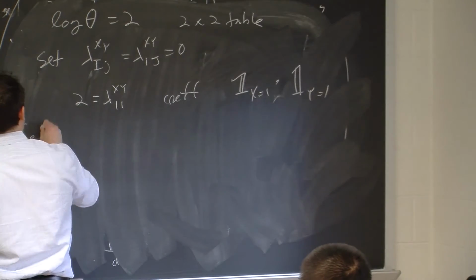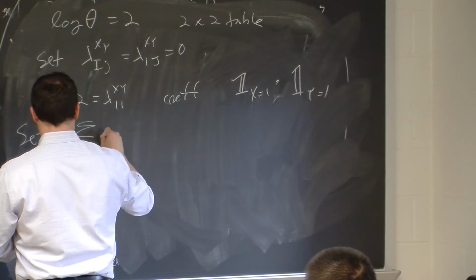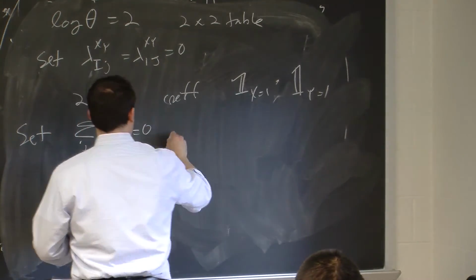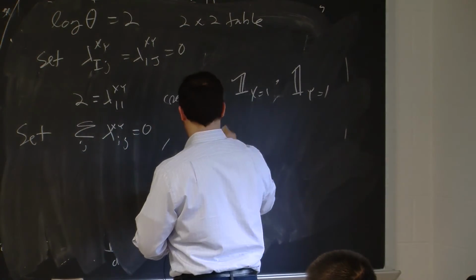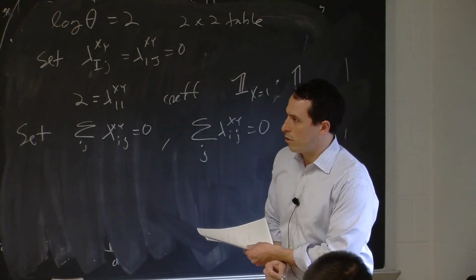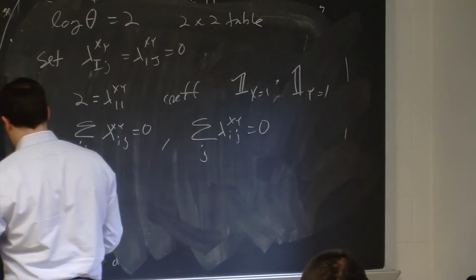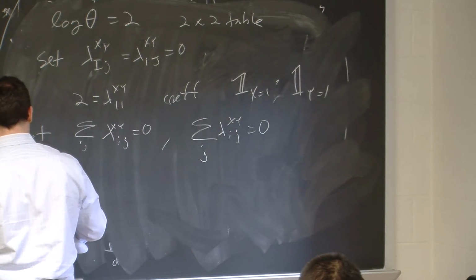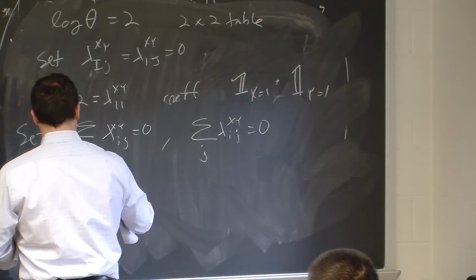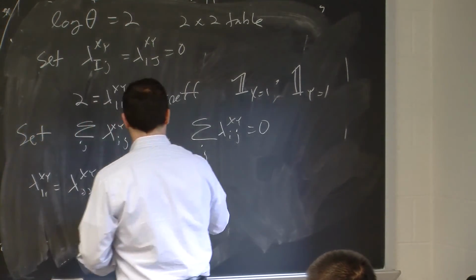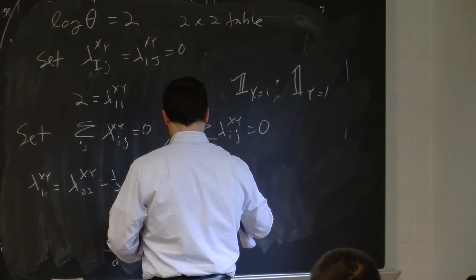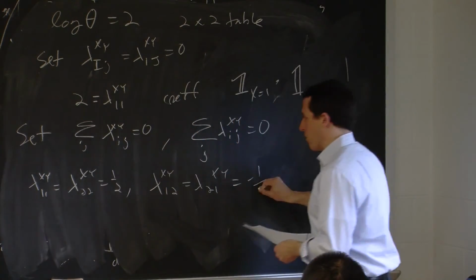And if I set a constraint like this, like those latter two procedures in SAS and R, then I'll get lambda 11 xy equals lambda 22 xy equals 1/2, and lambda 12 xy equals lambda 21 xy equals negative 1/2.